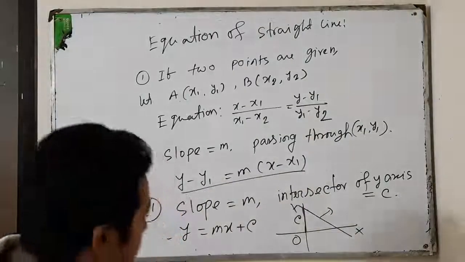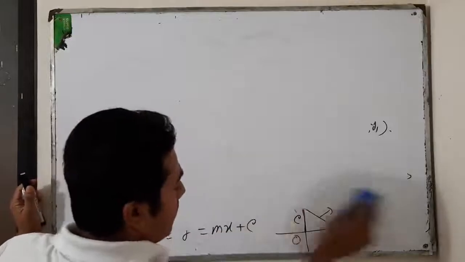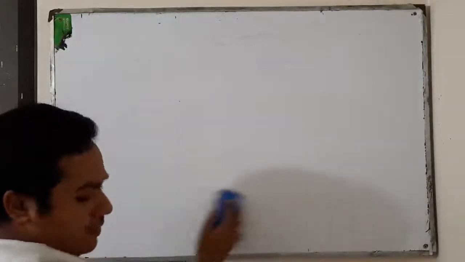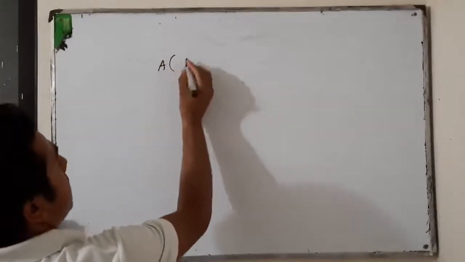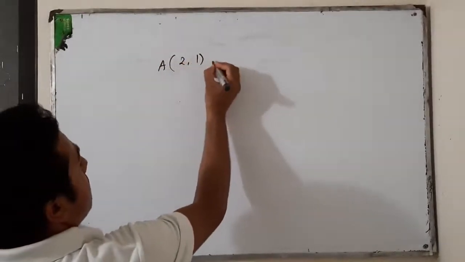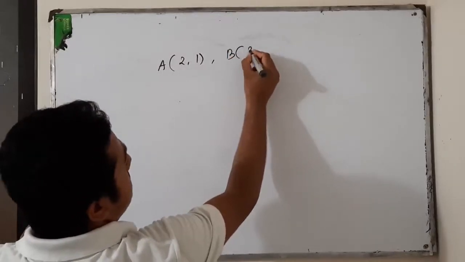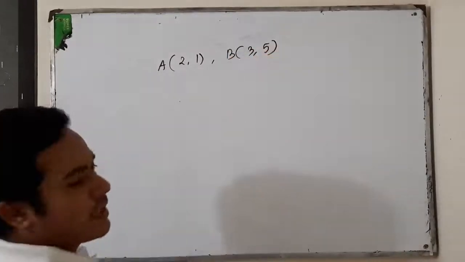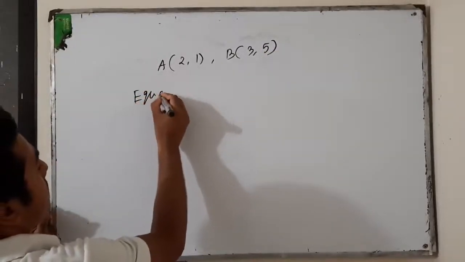As an example, we can explain this equation of a straight line by an example. Suppose one point is (2, 1) and another point is (3, 5), then what will be the equation of the straight line?